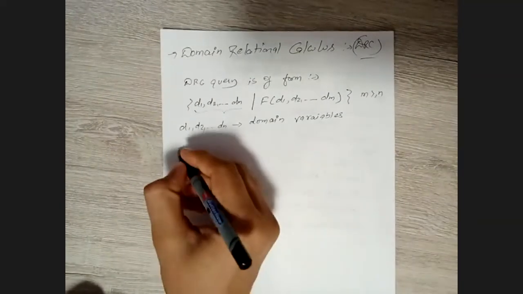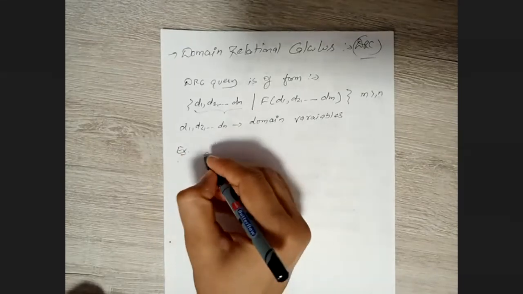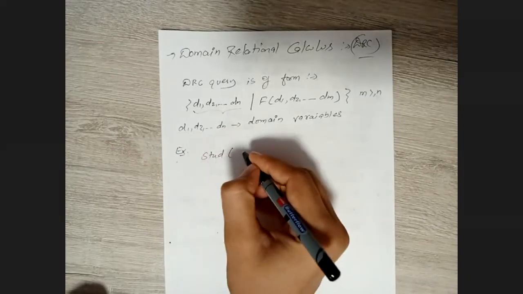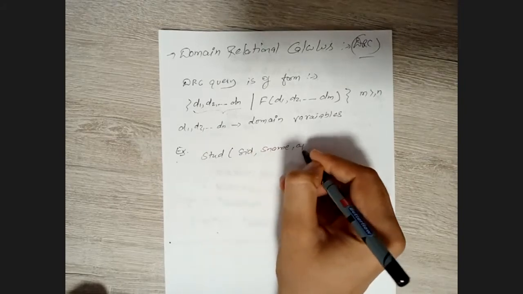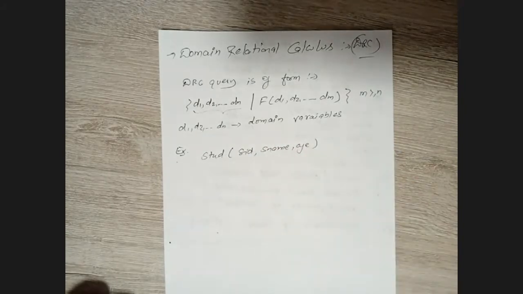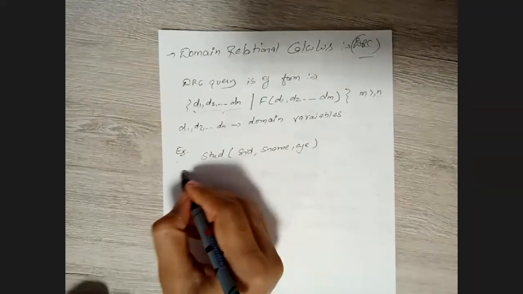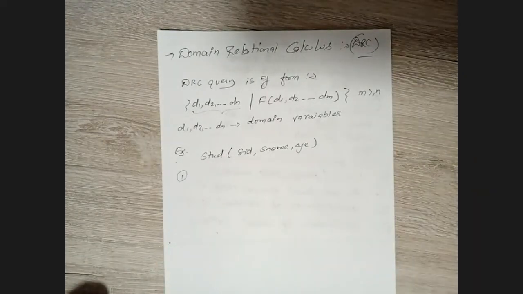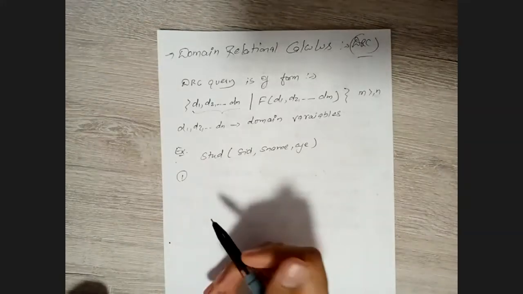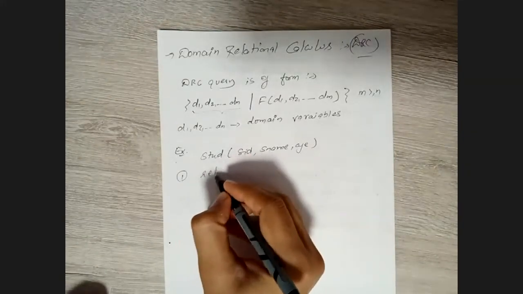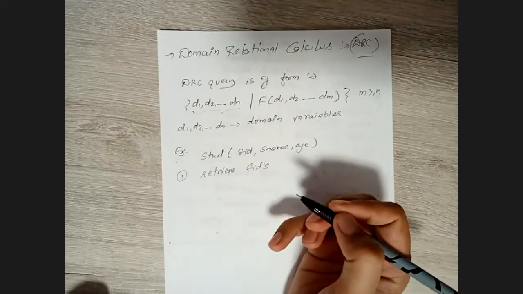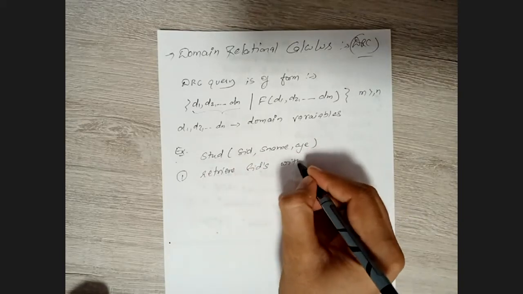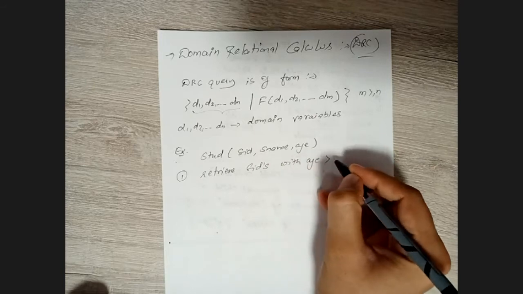Let's take the student table where we have SID and so forth. Say I want to retrieve the SIDs with age greater than 19.